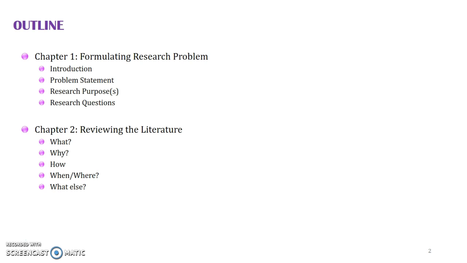research objectives. Based on this problem, you decide why you need to do this research, and that's your purpose. And from that purpose or objective, you start framing your more specific, doable research questions.